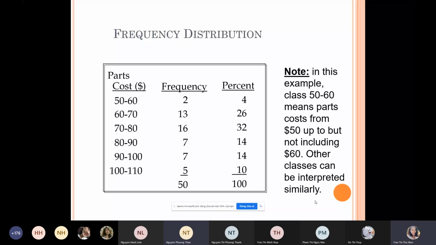Frequency distribution. Is this for the second one? So what is the scale in this case? What type and what scale? What type of data is in here, class? Quantitative. And the scale?